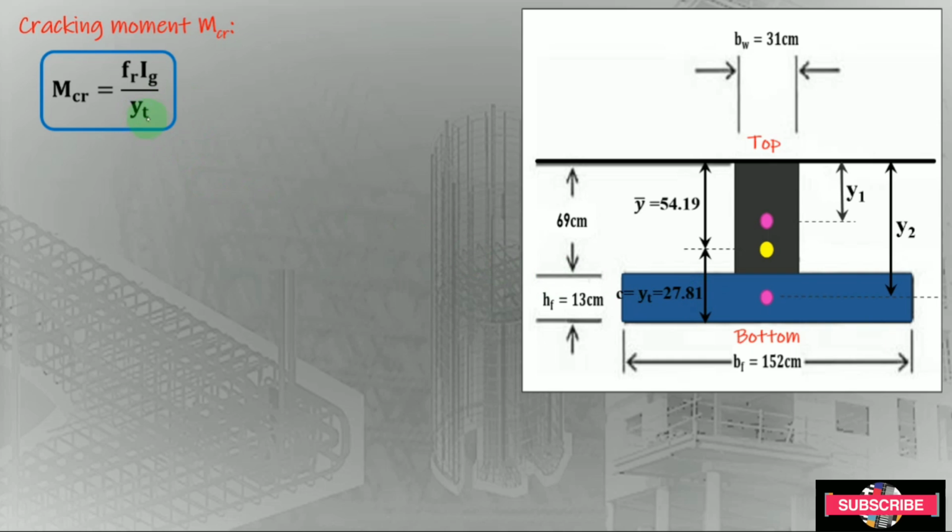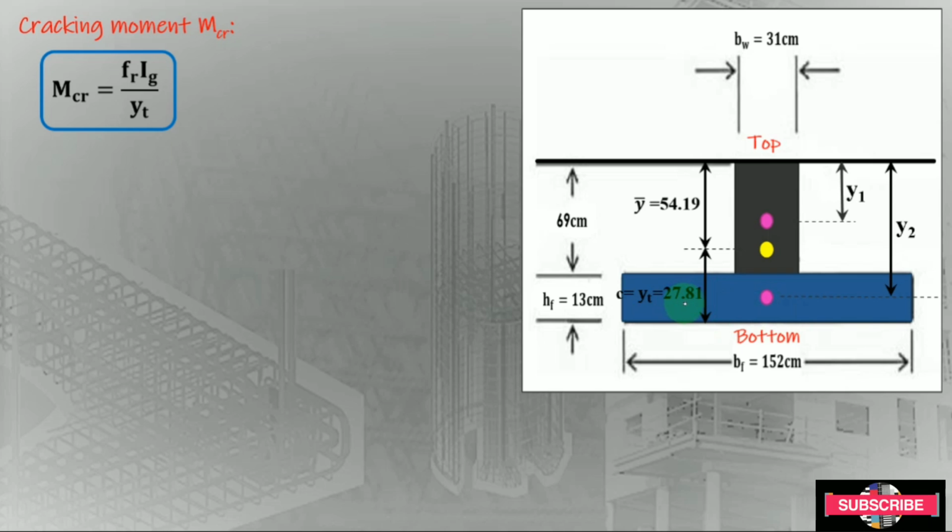So take note of this one. This Y sub T is the distance from the centroidal axis to the extreme fiber under tension. This is in tension, and this is in compression. So we are going to concentrate here on tension.